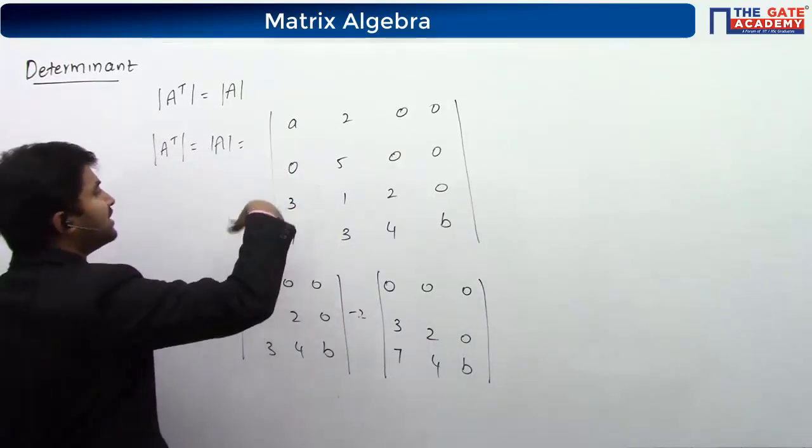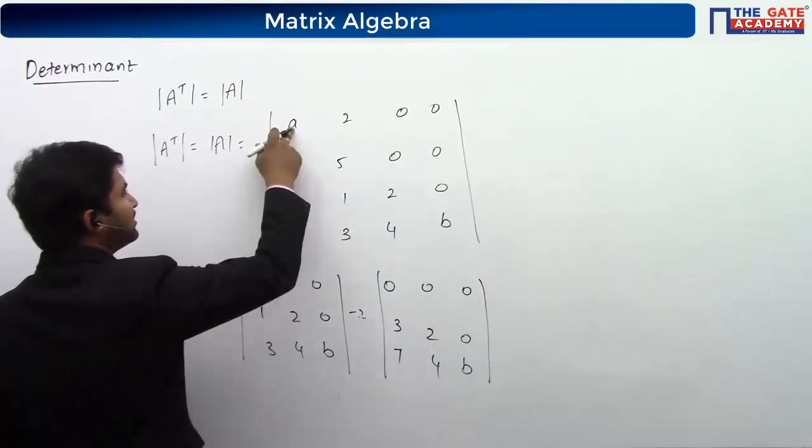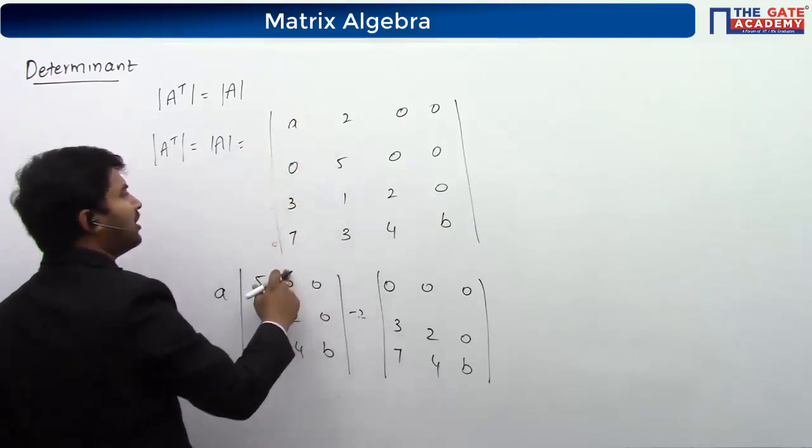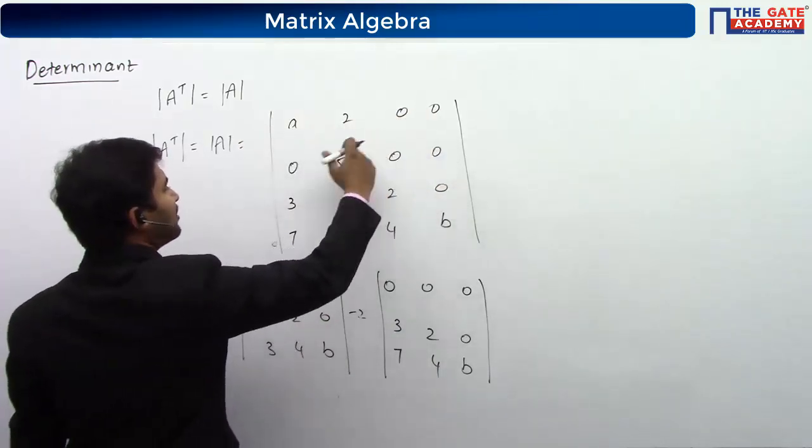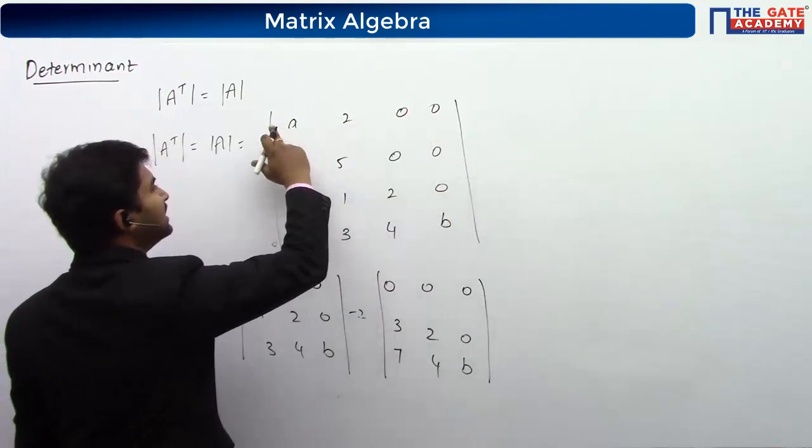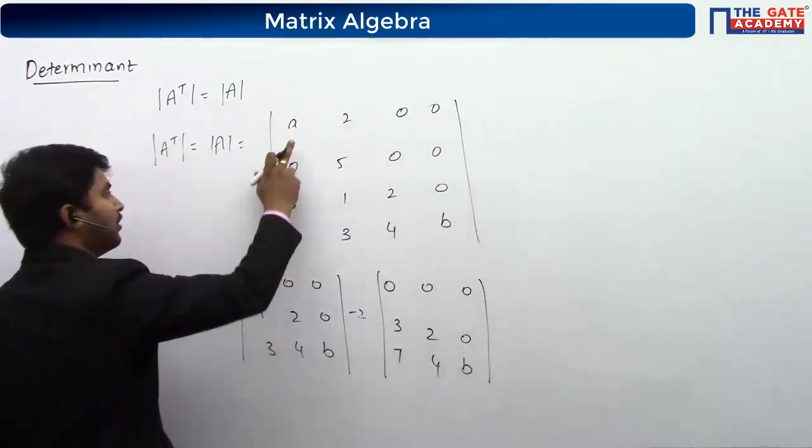And for all the remaining elements, for example, if I am considering A here, then I will not consider this column and this row. I will only consider the remaining elements, deleting the row and column to which A belongs.